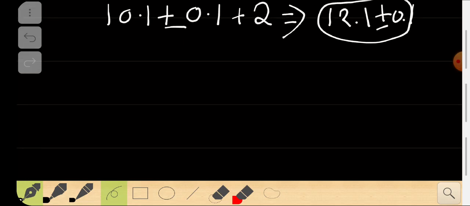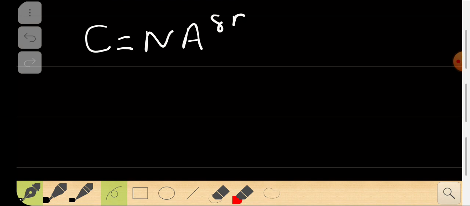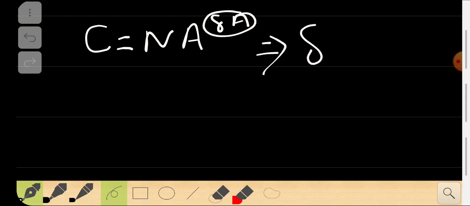And the second case is, if you multiply a number a by n, with an uncertainty of delta a for a, you get an uncertainty for delta c which is equal to n times delta a.